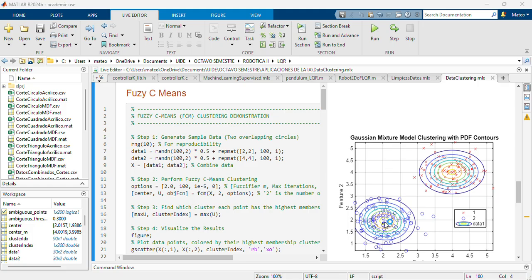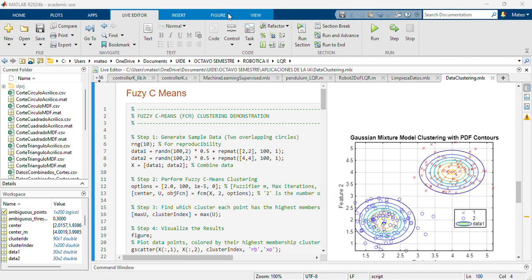Like we can see here, these elliptical rings, the closest ones to the center are the ones on the peak of the normal distribution, and as the data goes away from the center, the relationship decreases.